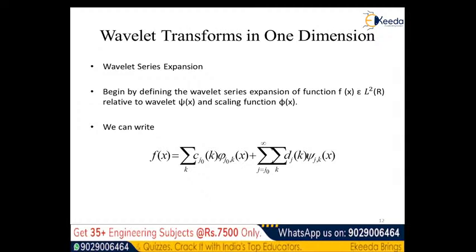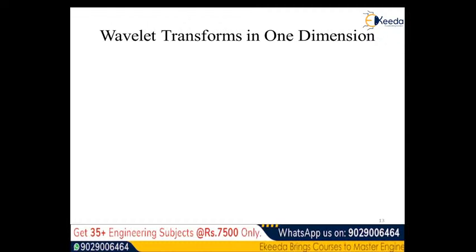For your clarification, you can also outline this expression and understand it. It is really very simple to understand. In this representation, j0 is basically an arbitrary starting scale from where we begin. Here we have two types of coefficients.